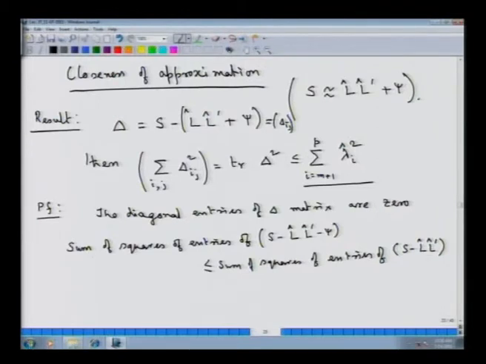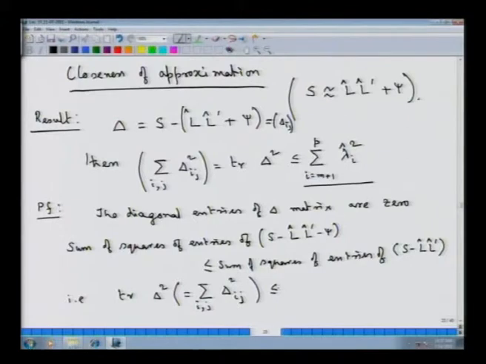Now, the left hand side here is nothing but the trace of delta squared, which, as we have denoted, is equal to the double summation over ij of delta ij squared.